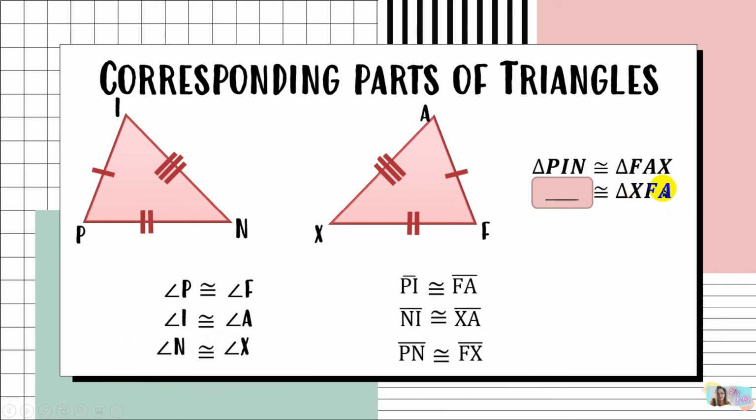So, ito po, mapapalitan din. Kung si X ay nasa dulo kanina, at ang corresponding niya ay si N, napunta sa unahan, so si N na ang mapupunta sa unahan. Si F, nasa pangalawa, and then, ang kakoresponding niya ay si P, so si P mapupunta rin sa pangalawa. And then, the last one is I. So, triangle NPI is congruent to triangle XFA.